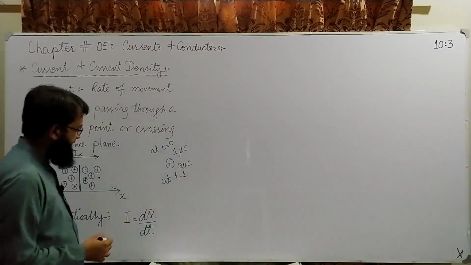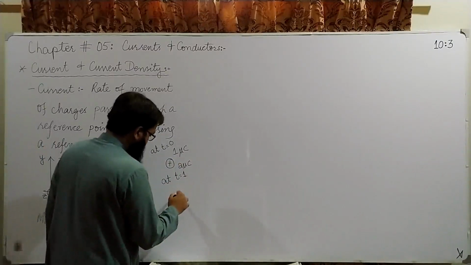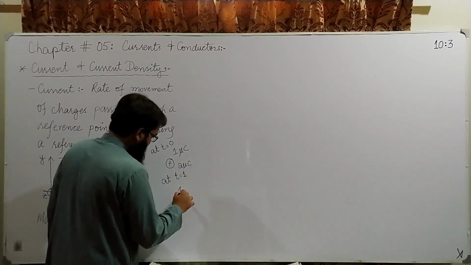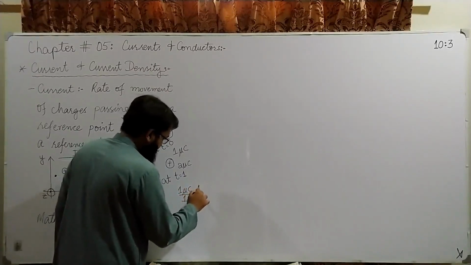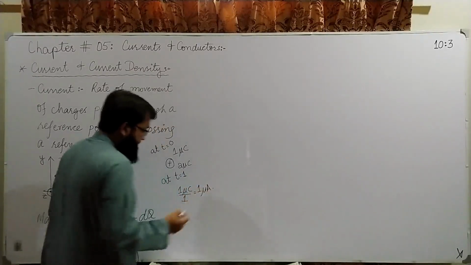So in this case, the current will be 1 microcoulomb divided by 1 second. The current will be 1 microampere.